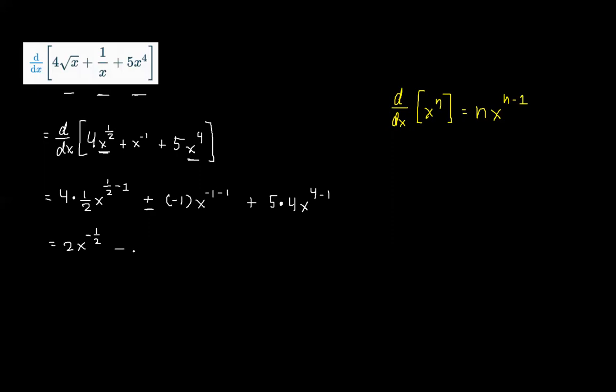So instead of negative 1x, we have negative x raised to negative 1 minus 1, which results in negative 2. Then for here, just simply multiply them together. 5 times 4x raised to 4 minus 1. So this would be 20x raised to 3.